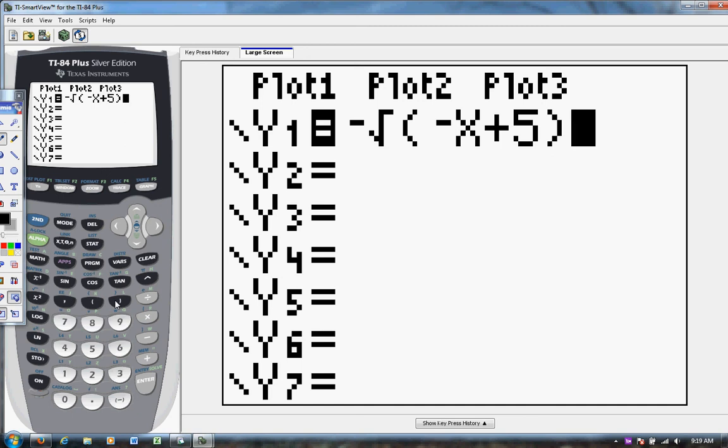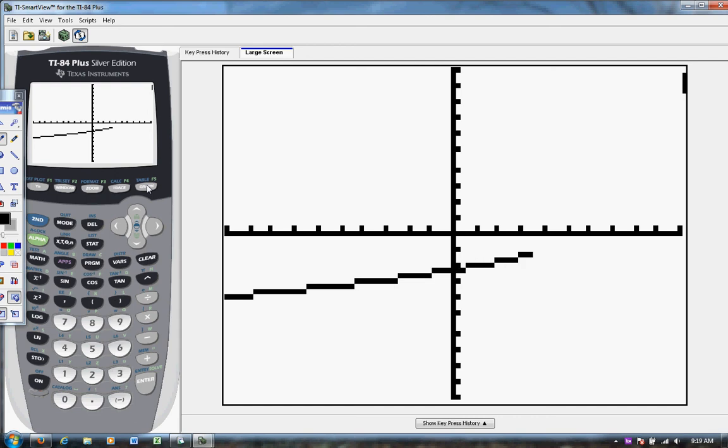So let's see how it turns out. And this is why I call it the crazy square root function. Because that plus 5 makes you think it needs to go to the left, right? But you have to remember there's two reflections in here. So that's why it winds up looking this way.